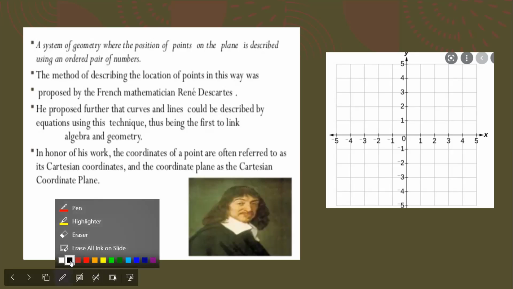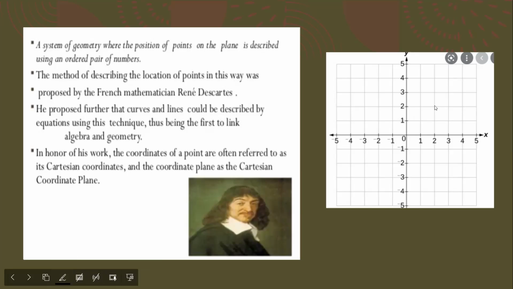Now here, suppose this is the point. Let us give it the name A. Now, how to find the coordinates of that point? From A, draw the perpendicular on the x-axis. You know that this horizontal axis is the x-axis, and from A, draw the perpendicular on the y-axis.